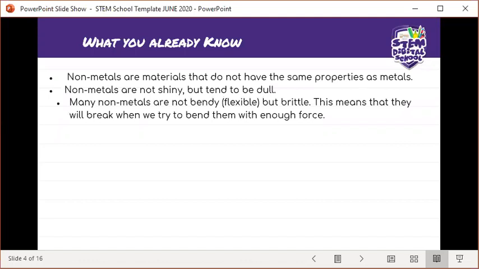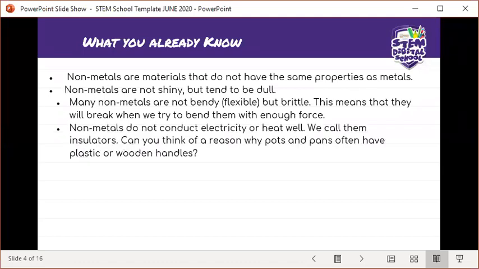They're not flexible, but brittle. Okay, so this means that they will break when we try to bend them with enough force. Then non-metals do not conduct electricity or heat well. We call them insulators, okay, guys? Very much important to note that non-metals are usually called insulators.